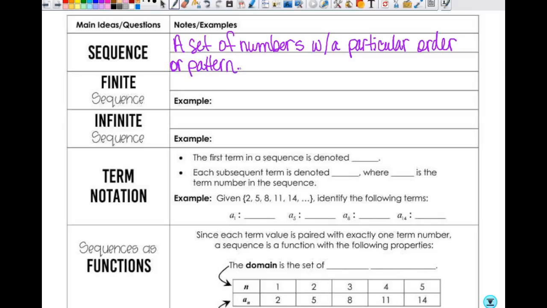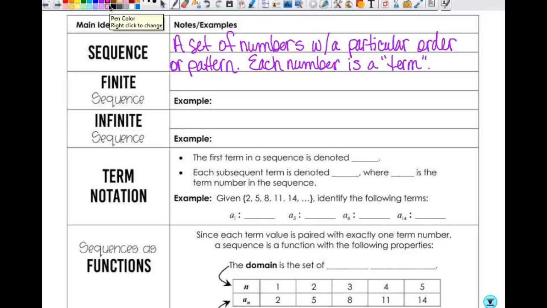Okay, so a set of numbers with a particular order or pattern. Each number is a term. Okay, so we're going to have terms in our sequences.